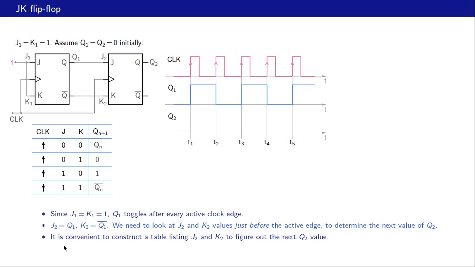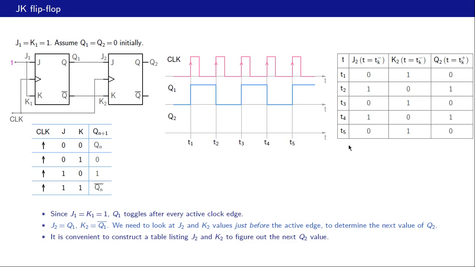And we will find it very convenient to have a table listing J2 and K2 at the various transition points to figure out the next Q2 value. So let us prepare such a table there, and let us understand what this says. Here is our T, T1, T2, T3, T4, T5.